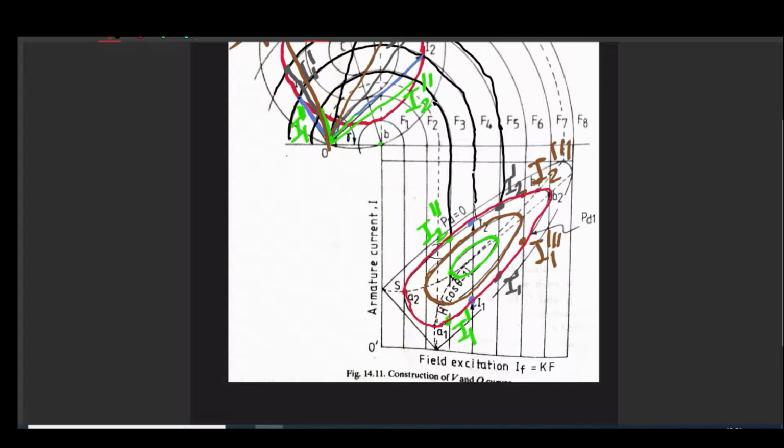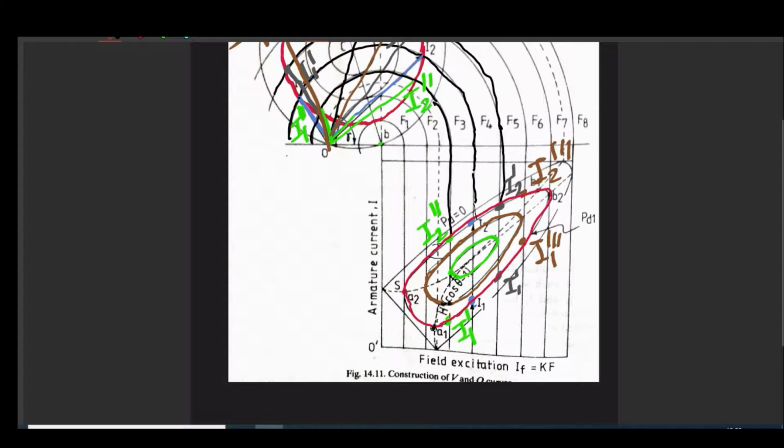So for all these curves, what would be the point of unity power factor? This is the point on this red curve for which you have minimum current. Similarly for this brown curve, you have to figure out the point which indicates the minimum value of armature current. Similarly for this green contour.